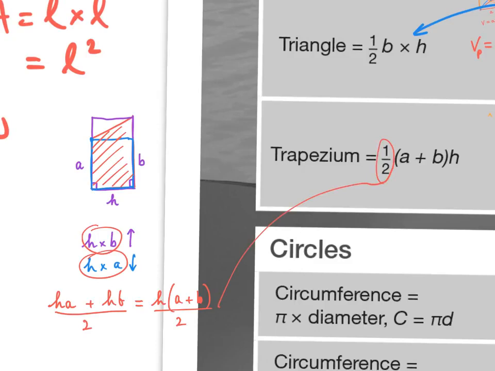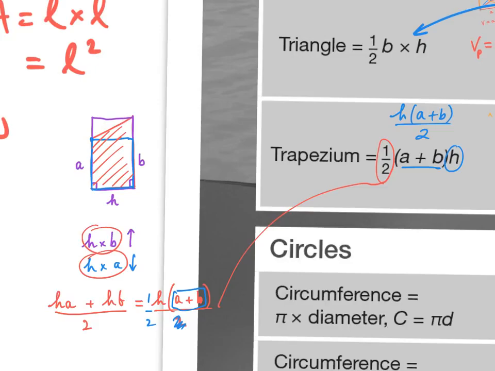There's our half in disguise. And we have our a plus b. And then we have our h. So you can write this like this: h lots of a plus b all over 2, and that's exactly the same. So if it helps you to remember it that way, that's a good thing.